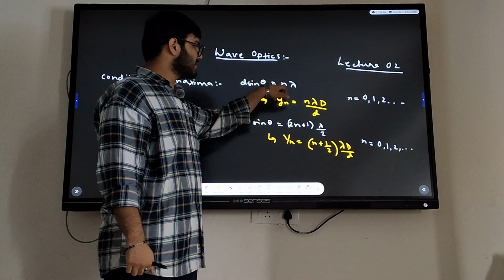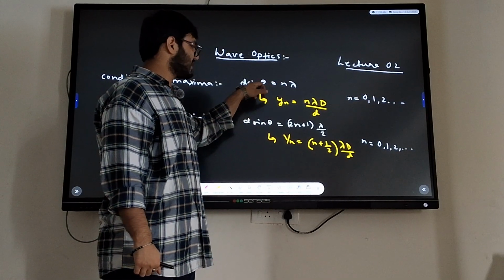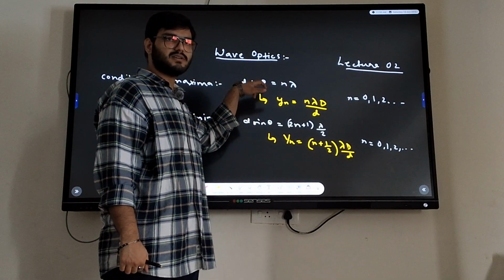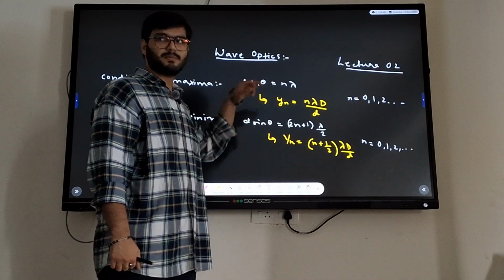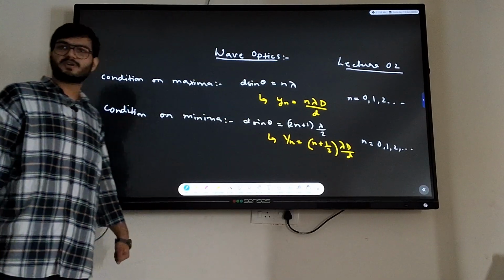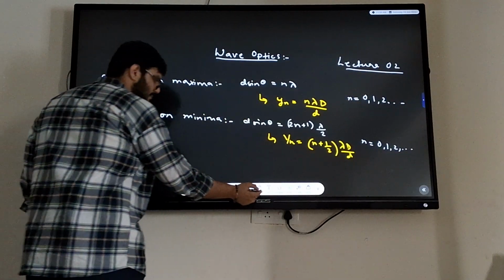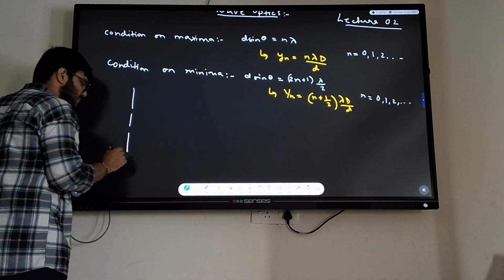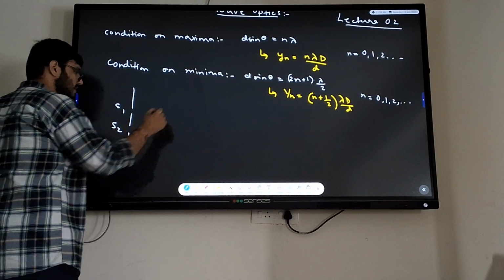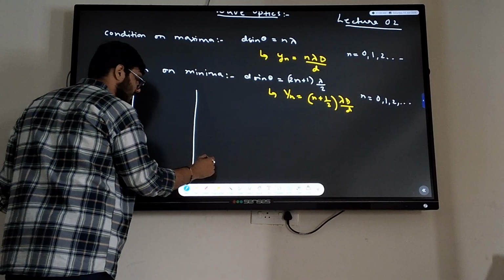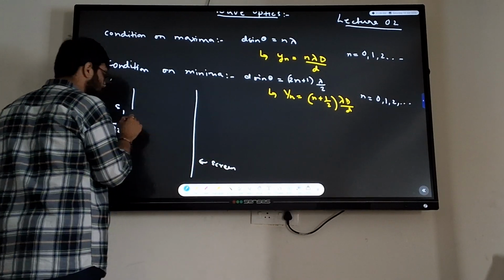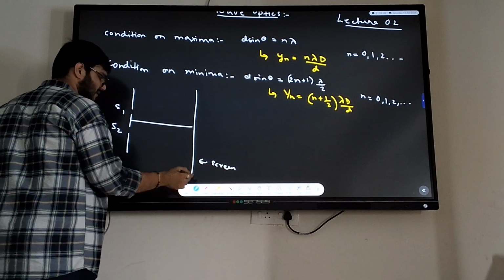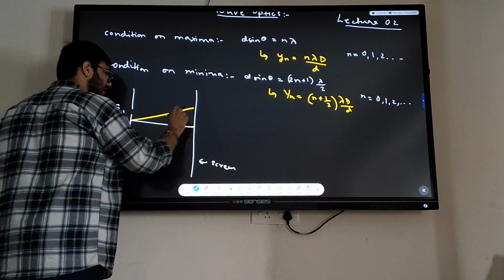Then if n equals 0, this can only be satisfied when theta equals 0, because d is a non-zero number. So theta equal to 0 corresponds to what? Come back to the diagram. There are two slits, S1 and S2, and there's a screen, and this is my center line. You are making an angle with the center line.